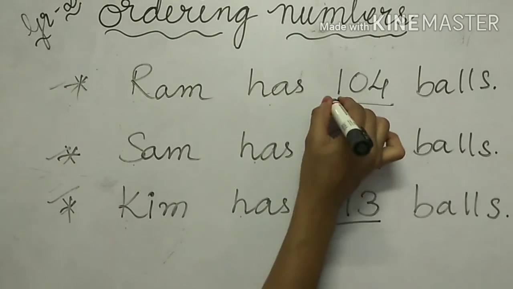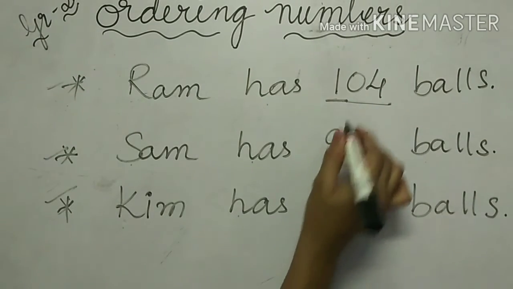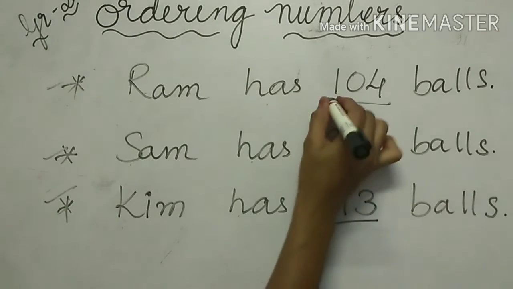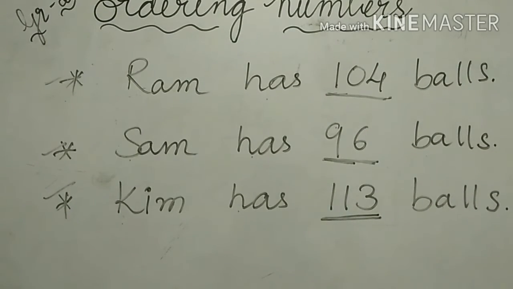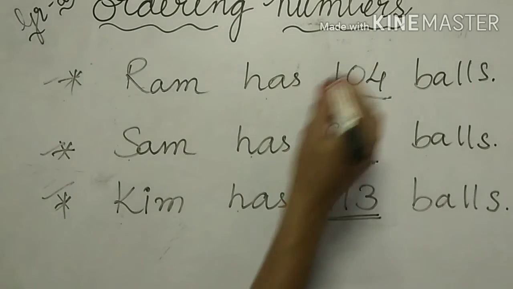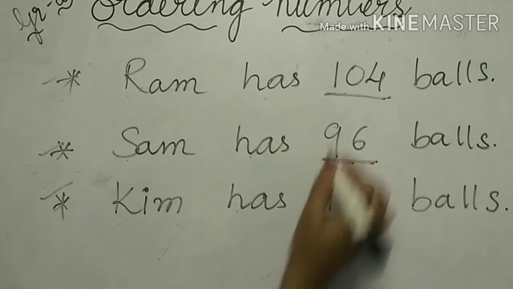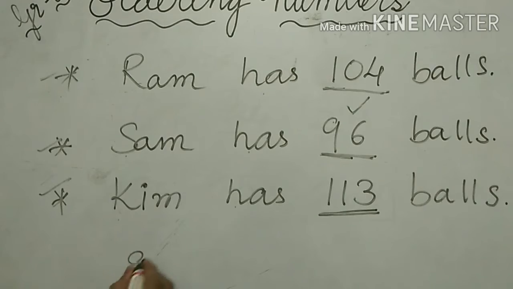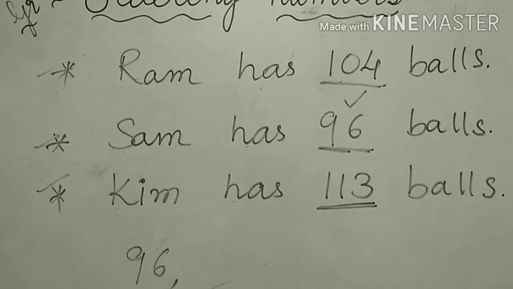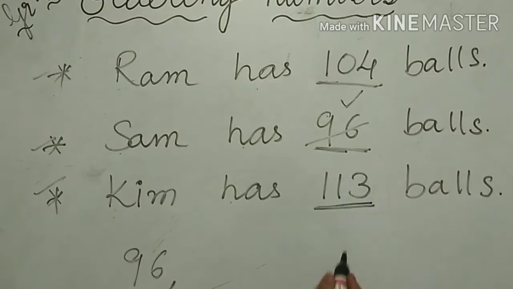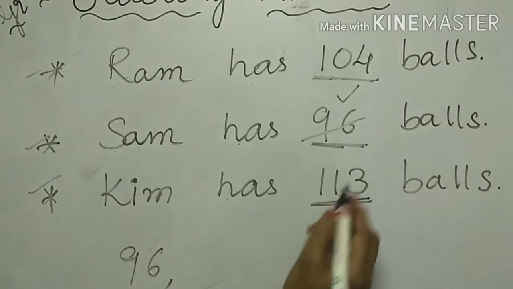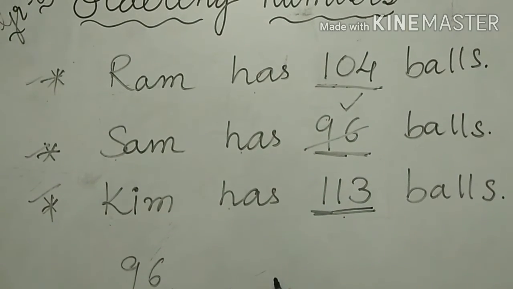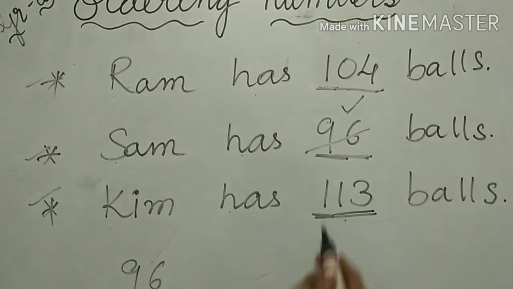So here 104, here 96, here 113. Which is the smallest number among these three numbers? So 96. 96 will come first. Then 104 and 113. Both the numbers have 1 in the hundreds place, which means each number has 100.